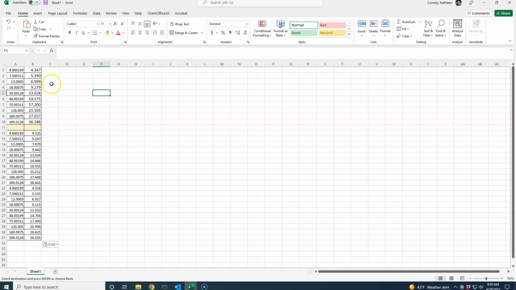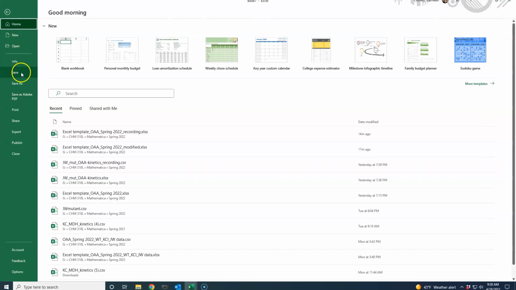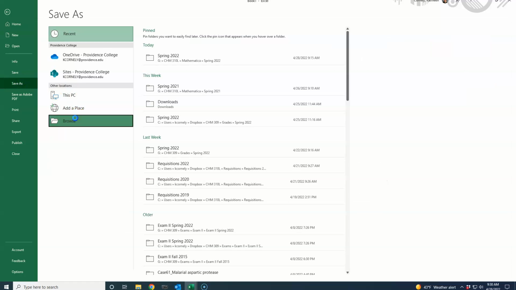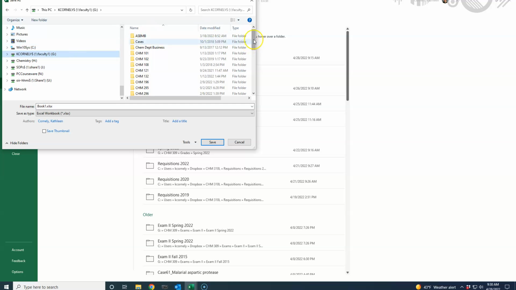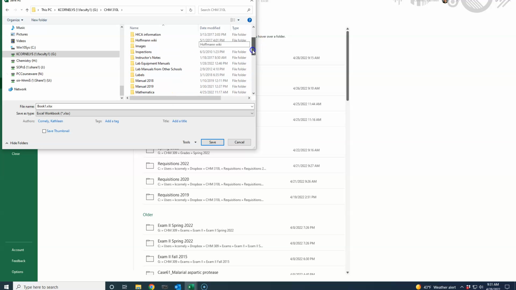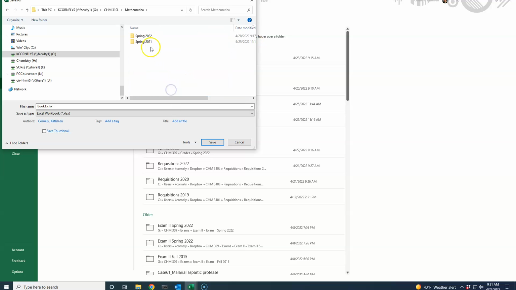And what I'm going to do now is save as, so save this on my G drive so we can have it in class if we need it. Let's put this in my Mathematica folder. I did this once before, so I'll just give this a different name.